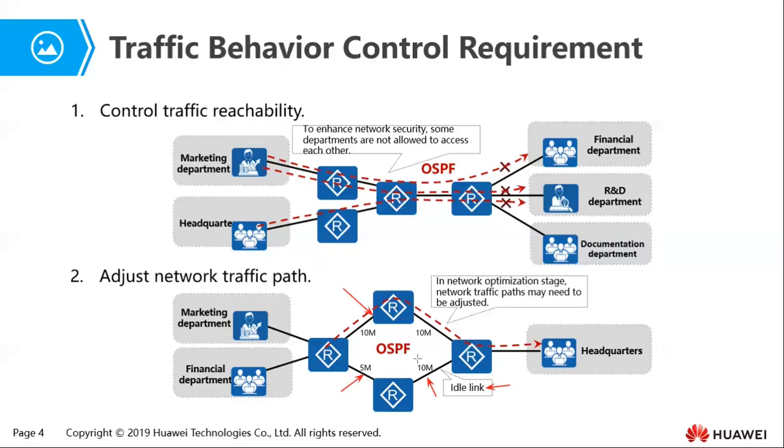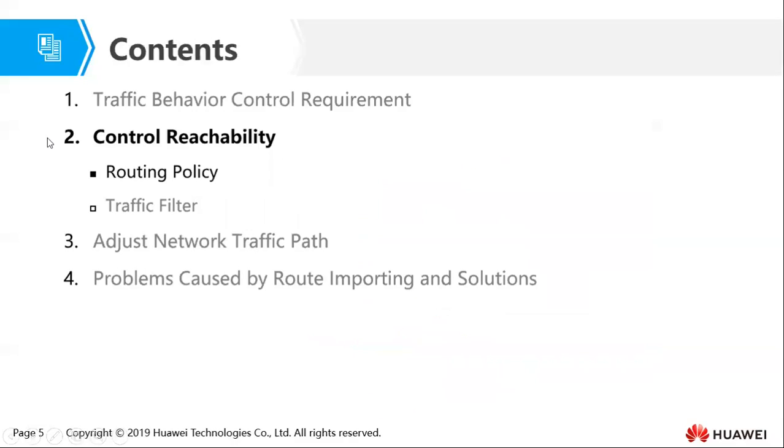So it will never be used unless we now do some network traffic path adjustment. So generally in this topic, we are going to look at different tools that you can use to either control traffic reachability or adjust the network traffic path.